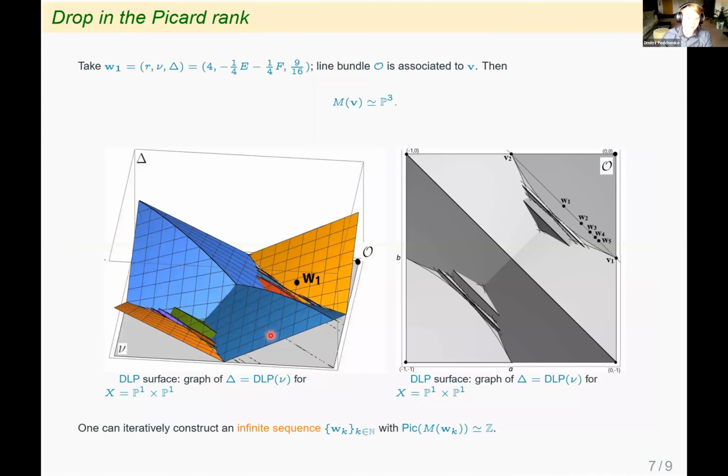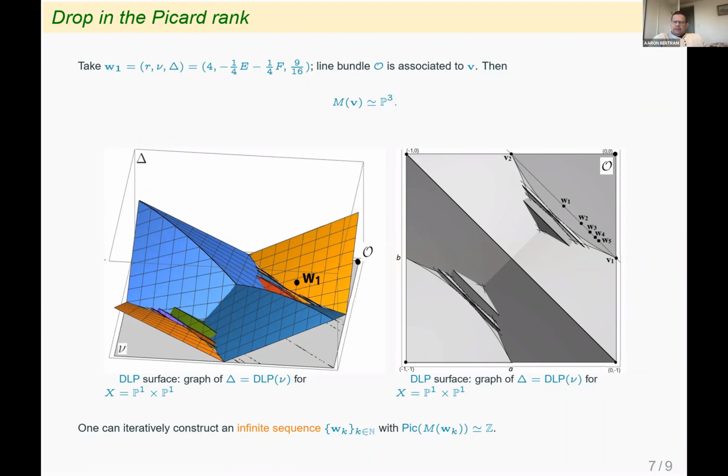But the Picard rank is correct, right? Okay. So if you further impose a primitivity assumption on your Chern character, then those results are universally true. So you need to fiddle around a little bit if you don't know that the character is primitive.